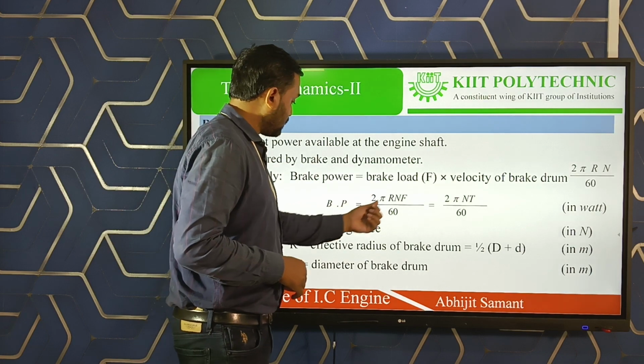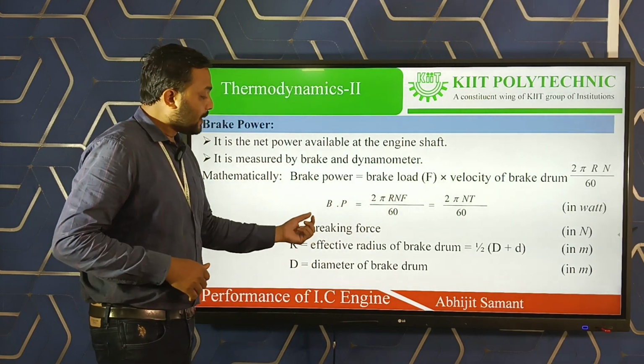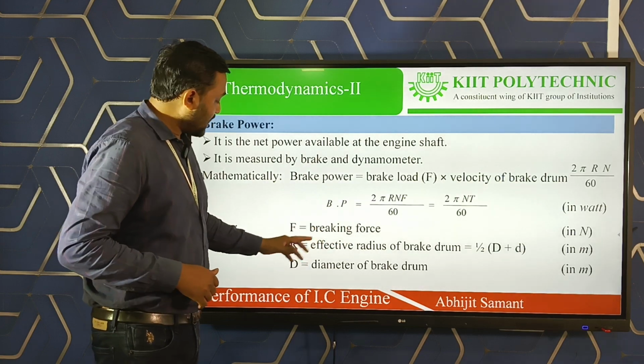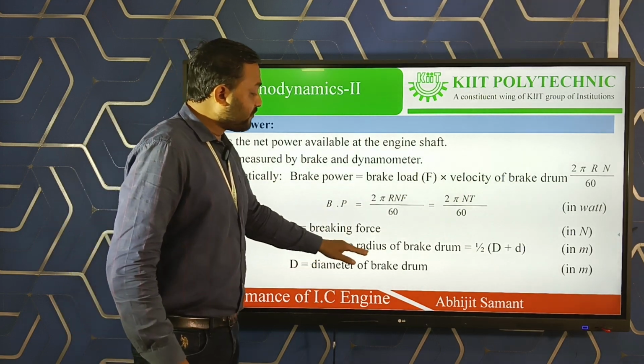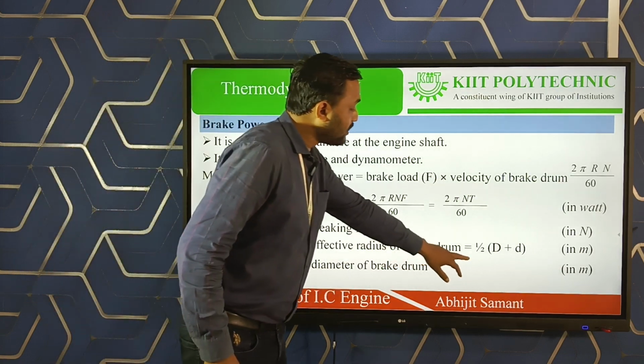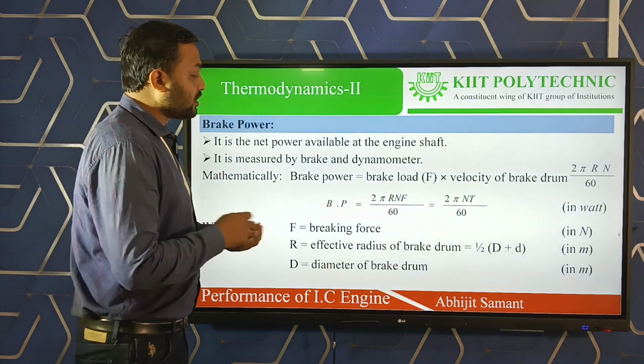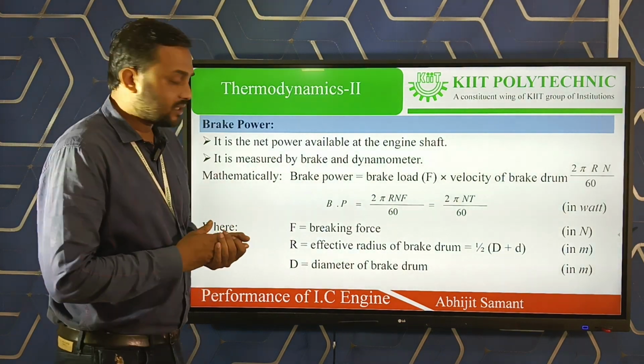Here the terms are: F is the braking force, and R is the effective radius of the brake drum, that is capital D plus small d divided by 2.